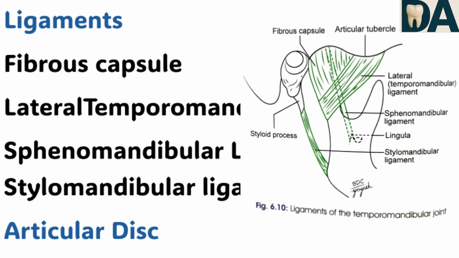Lateral temporomandibular ligament: it is a true ligament and is present between the articular tubercle on the root of the zygoma and, below, the posterolateral aspect of the neck of the mandible.